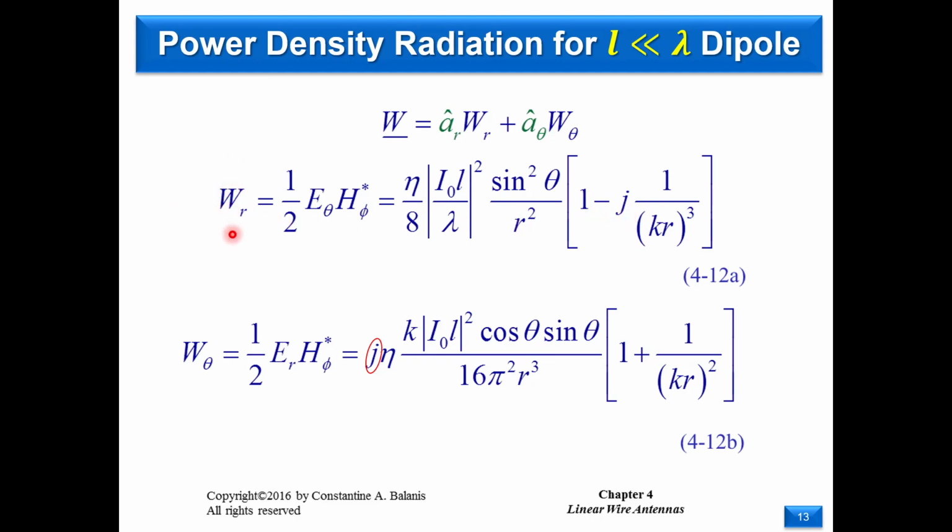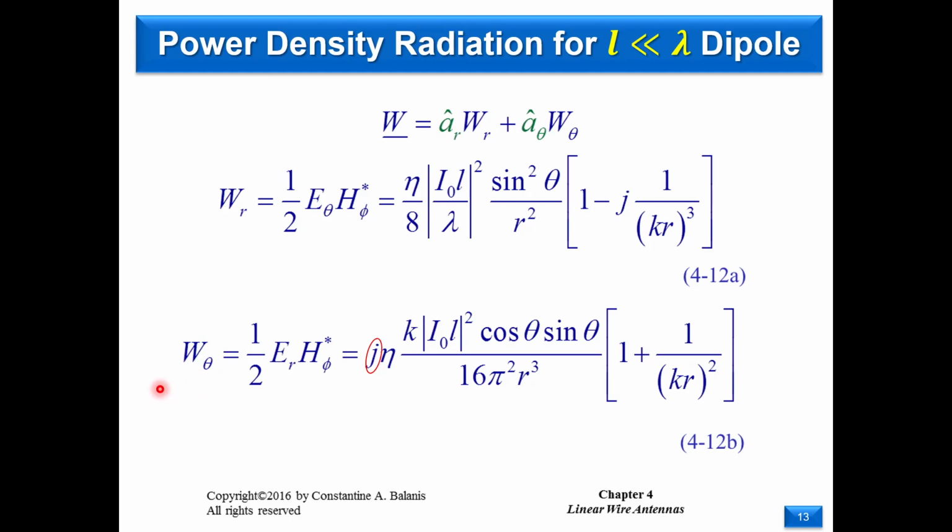The real radiation is always related to the real part. The imaginary part, as we're going to explain shortly, is a sort of reactive stored energy. Reactive stored energy means it's an electric or magnetic field that is stored, and it keeps changing its nature from electric stored energy to magnetic stored energy, back and forth.